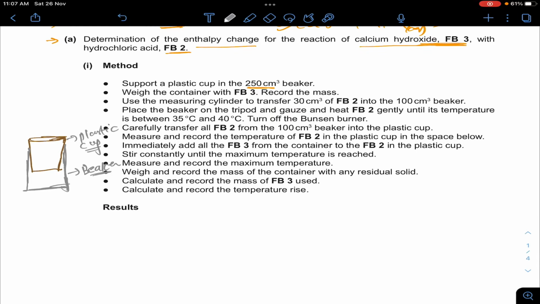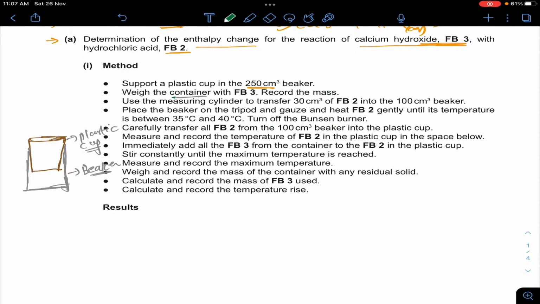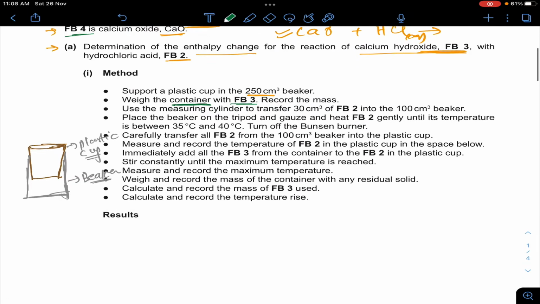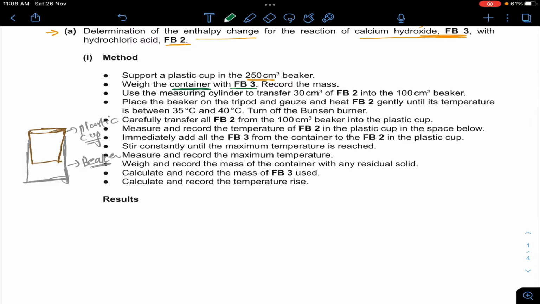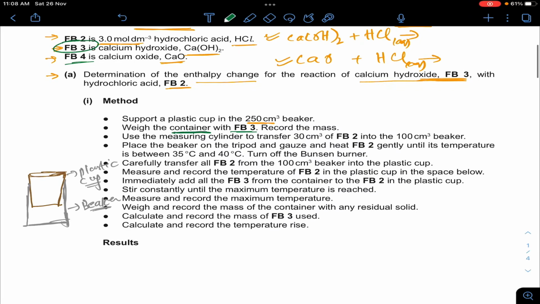All right, now weigh the container with FB3, record the mass. So you would have two containers, one containing FB3 and the other containing FB4, and both would be labeled. Because right now we are doing the experiment with calcium hydroxide, which is FB3, first you would measure the mass of the container with FB3. Let's suppose this is our container which contains FB3 in solid form.